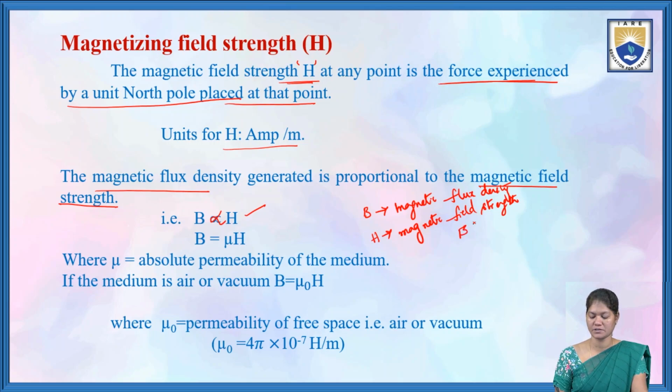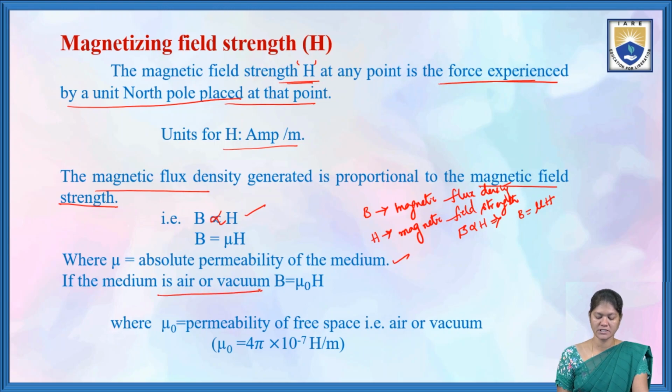While removing this proportionality, we will have a proportionality constant, B is equal to mu H, where mu is the absolute permeability of the medium.